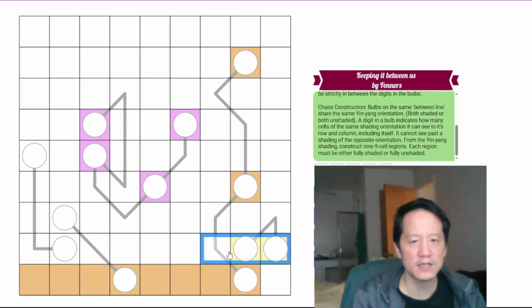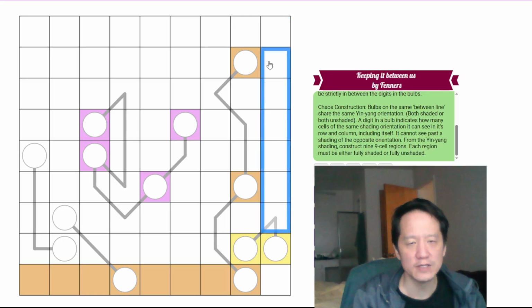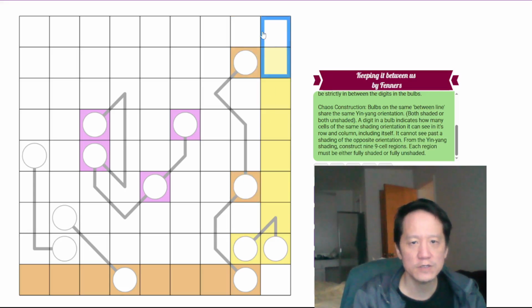I guess technically, okay, so this cannot be orange because then all three of these would be orange. So the yellow must go at least to here, right? Because you can't have a 2x2 space that's orange. This is orange or yellow. We're not sure which. These are all yellow, so this must be an orange here.